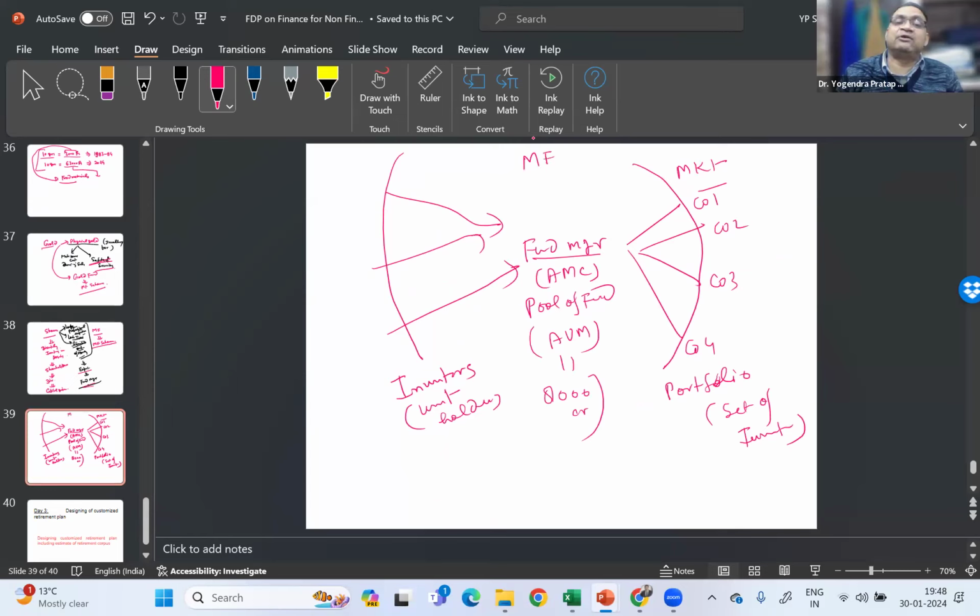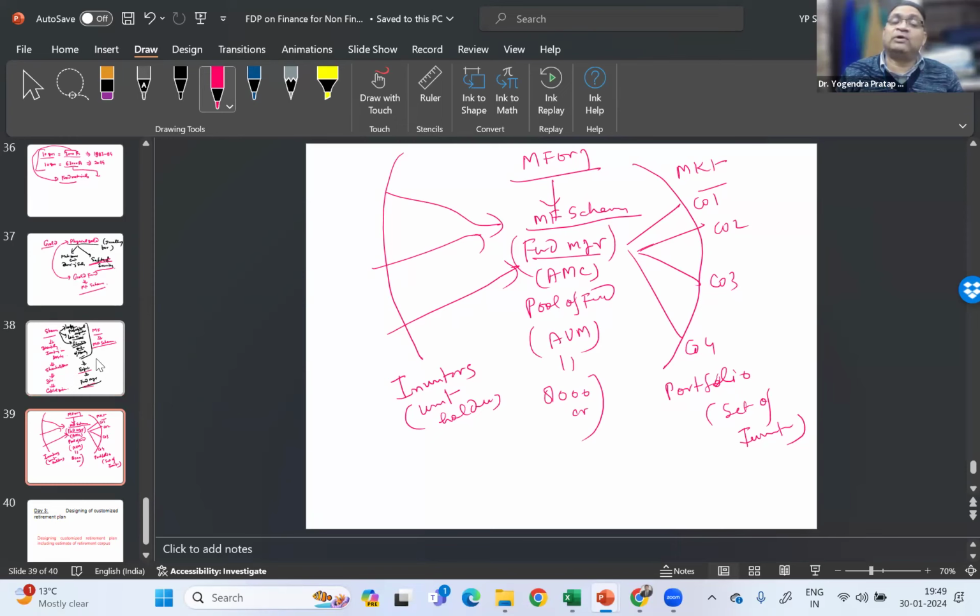There is a mutual fund organization, and this organization launches mutual fund schemes. These schemes are managed by fund managers; for each scheme, there is a separate fund manager.